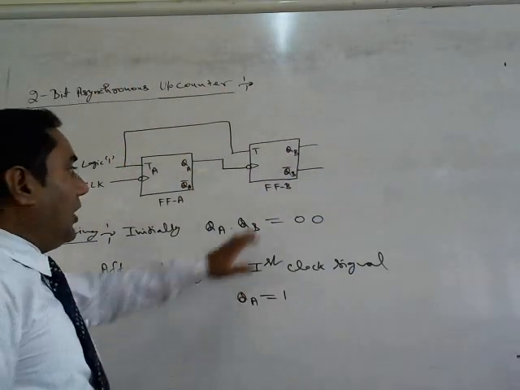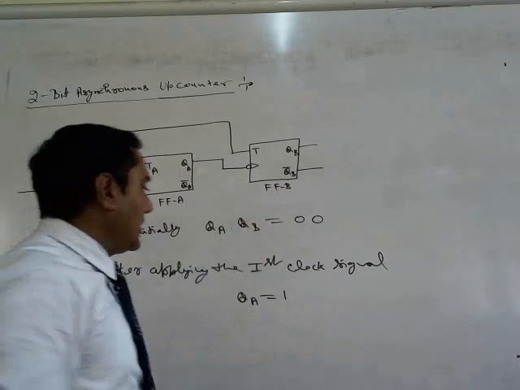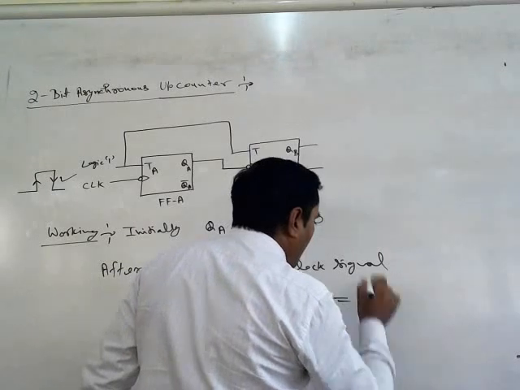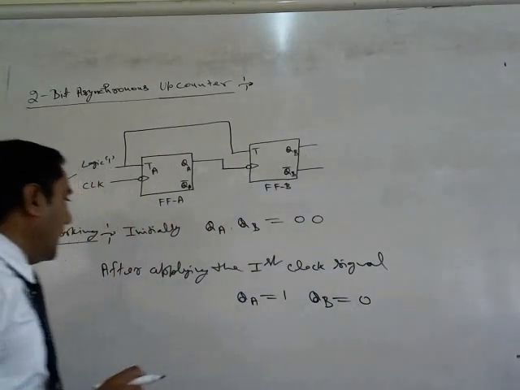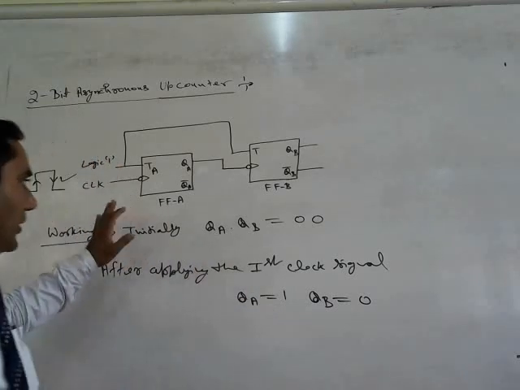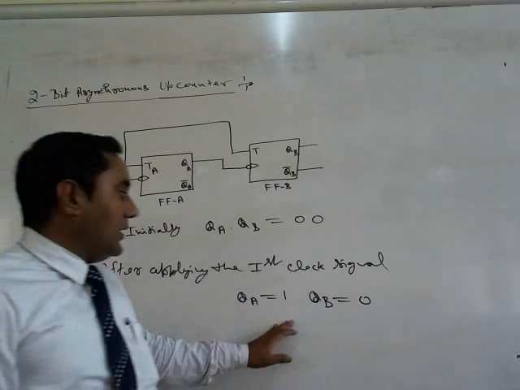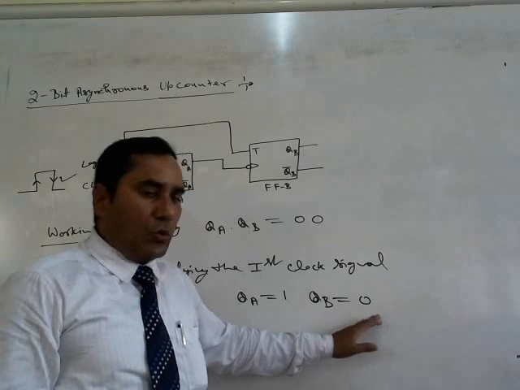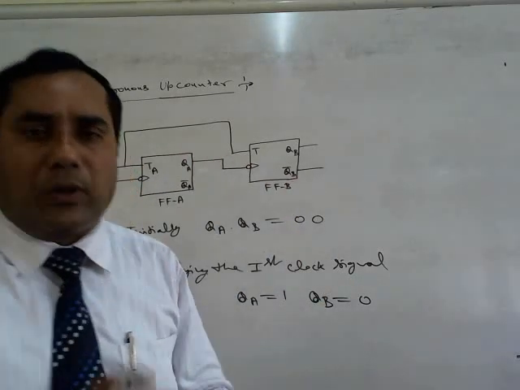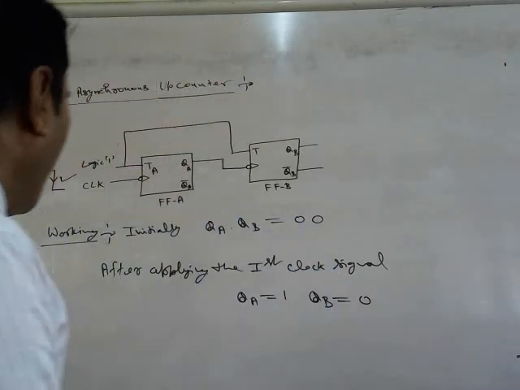So FFB will not toggle and the content of QB will be equal to 0. So after the first clock pulse, the contents of the flip-flops will be QA equals to 1 and QB equals to 0. QA toggles, QB does not toggle.